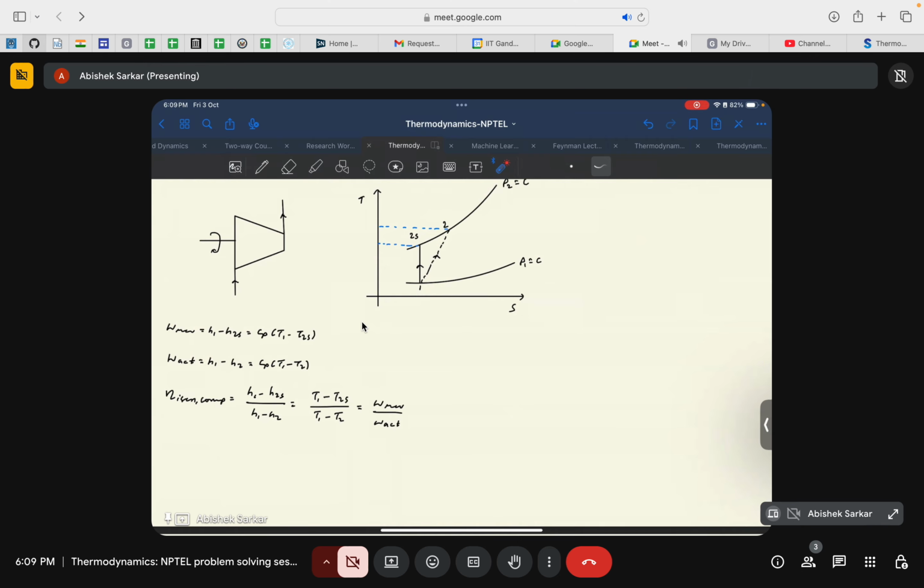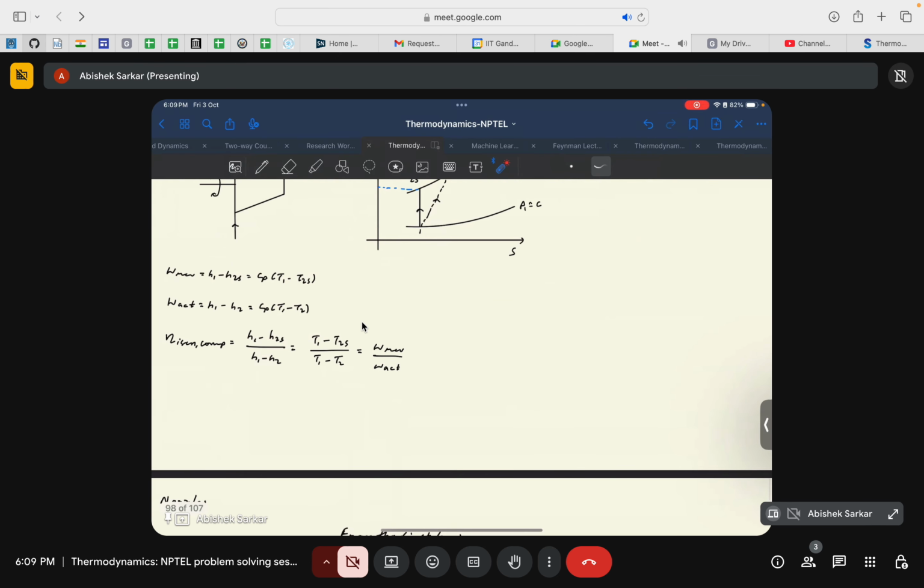But considering the working fluid to be an ideal gas in this case is essentially to represent this isentropic efficiency in the form of temperature, or just to simplify our discussion. Okay, so that was the main goal for considering an ideal gas, but it's not a generalized case. That's what I wanted to emphasize.